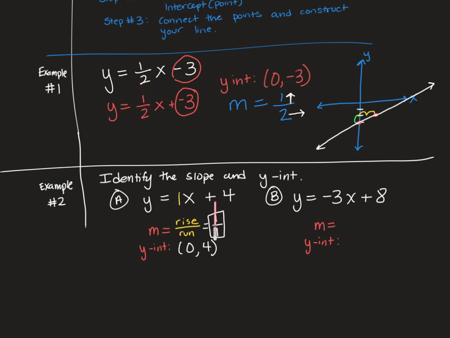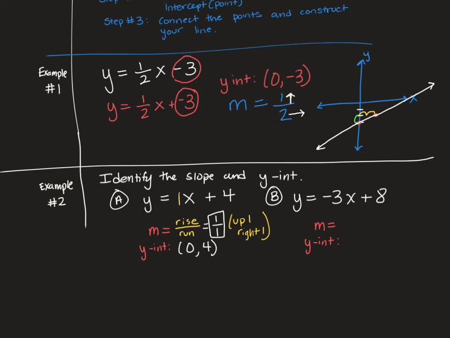But when you're graphing, you want a fraction because your slope means you go up 1, right 2. Here you're like, what is it again? Oh yeah, it's 1 over 1. So I go up 1, right 1, up 1, right 1. And we can even write that on the side. We could say, okay, so this means I'm going to go up 1, right 1.